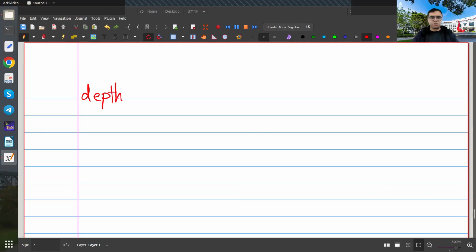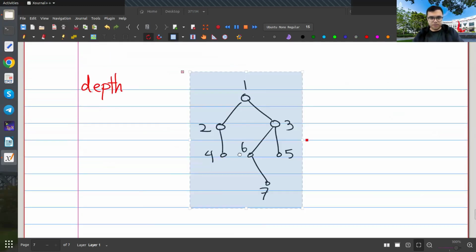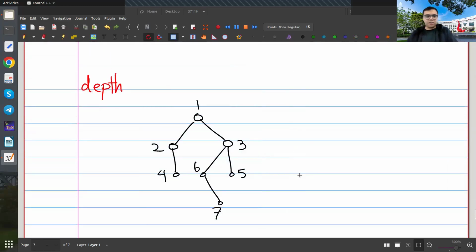So suppose I want to do depths. Let me just copy this again. So if I want to do depth, remember the depth was basically the distance to the root. So the root itself has a distance of 0 to the root. And then its children have a distance of 1 to the root. And then this one, in order to go to the root, it has to go to its parent.